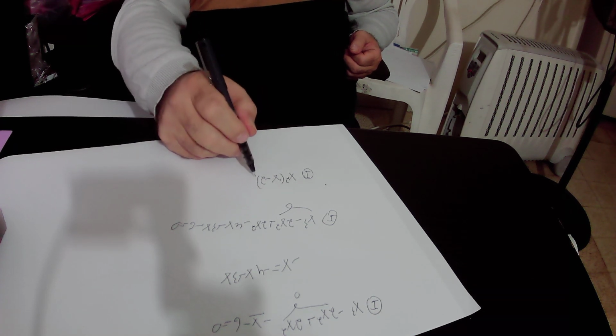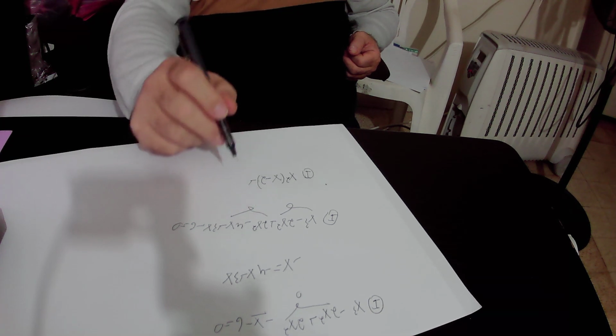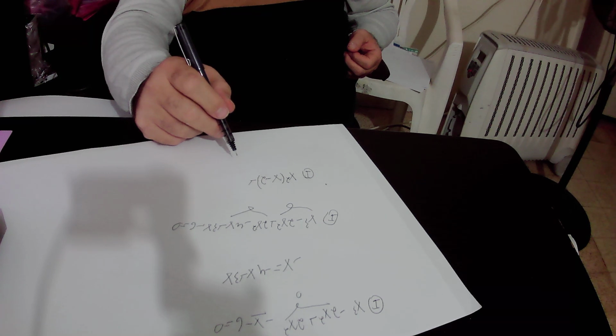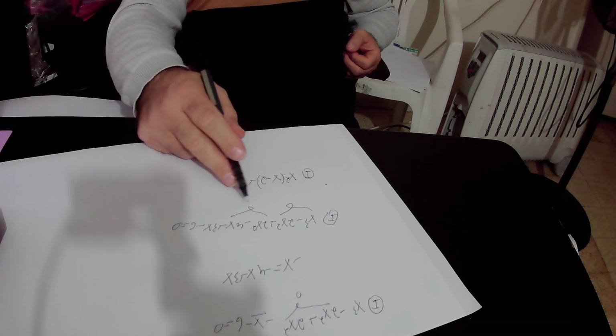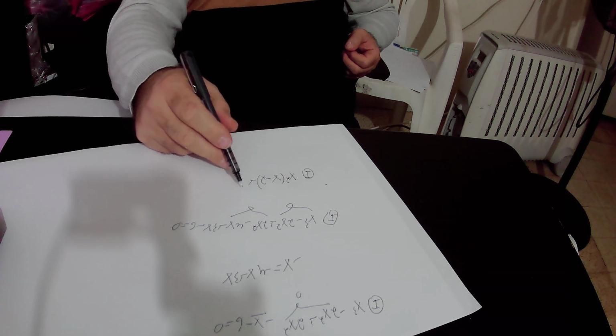Okay, and here we will focus on those two expressions, and we will take a common factor of 2x from 2x squared minus 4x.